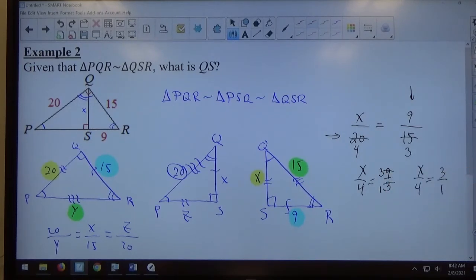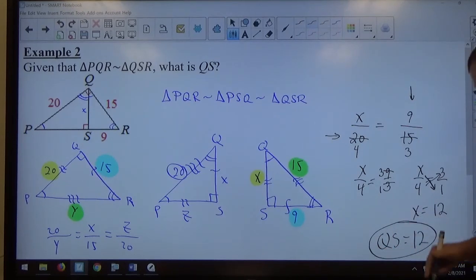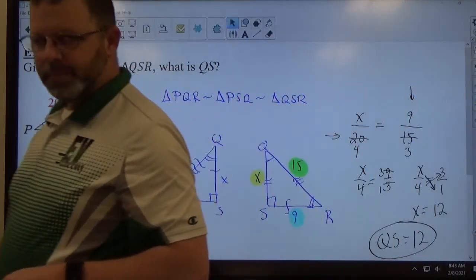All this reduction is not required, but anytime I can avoid using a calculator, it makes my life better. So by reducing the proportions, I've got a much easier multiplication happening. X times 1 is x, 4 times 3 is 12. So x should equal 12, that's the length of QS.